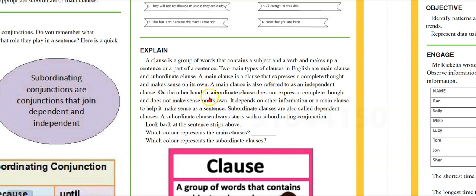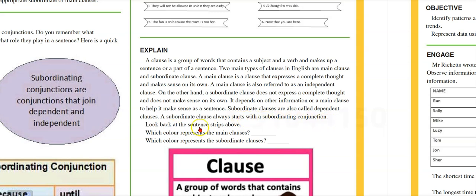On the other hand, a subordinate clause does not express a complete thought and does not make sense on its own. It depends on other information or a main clause to help make sense as a sentence. Subordinate clauses are also called dependent clauses. A subordinate clause also starts with a subordinating conjunction.